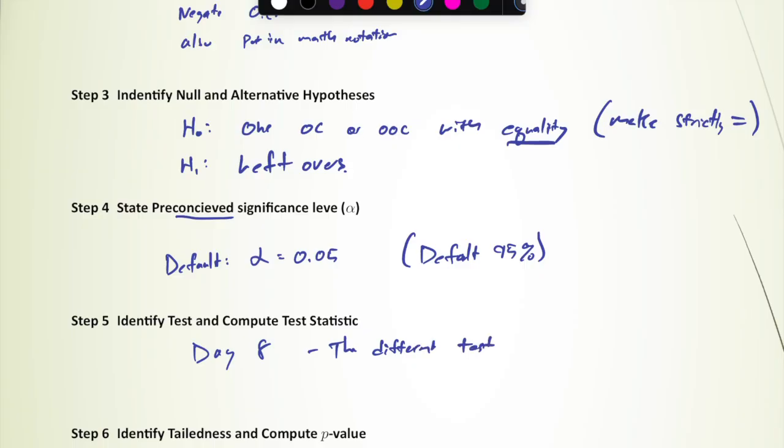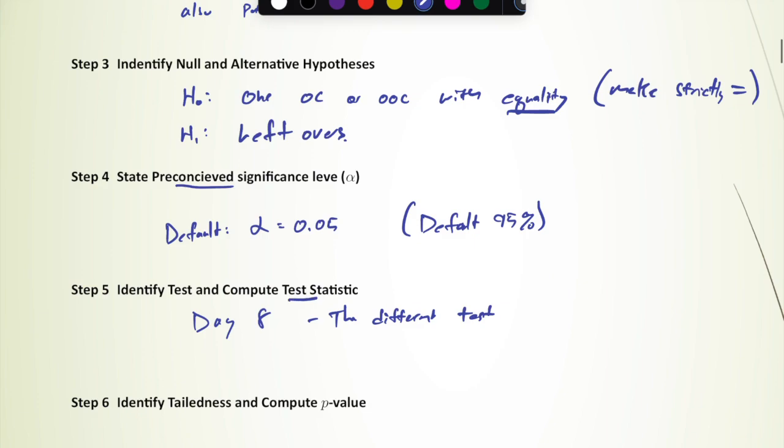Okay, you need to identify the test and find that test statistic. And remember from last time on day 19, we said the test statistic is the z-score of the data, right?